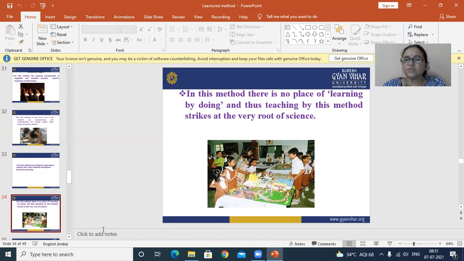In the lecture method, all activities go around the teacher, and this is not based on the learning by doing theory.